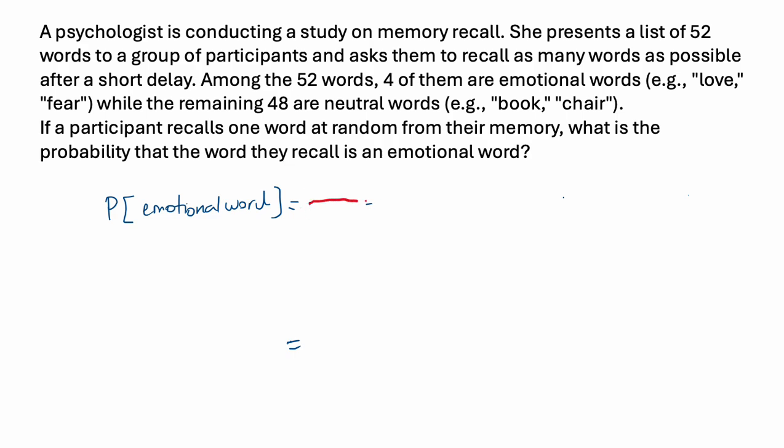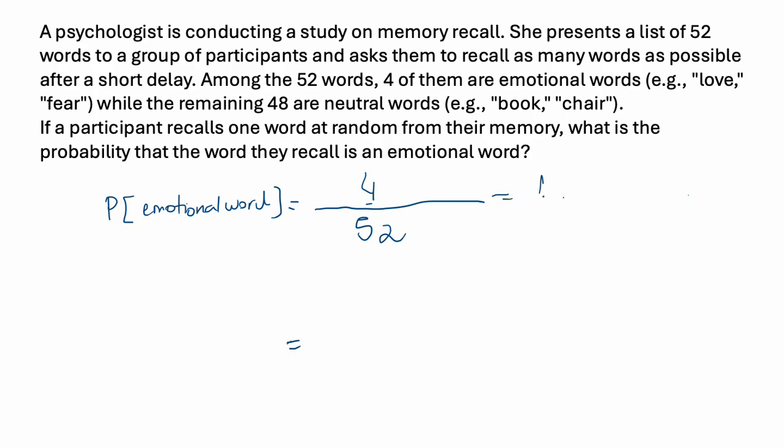Why is that? Well, now that we know that this is an equiprobable sample space, I will use the definition from the counting problems that we did. How many outcomes are of my interest? How many emotional words do I have? 4, right? I have 4. How many possible words can the person give me as an outcome? 52.